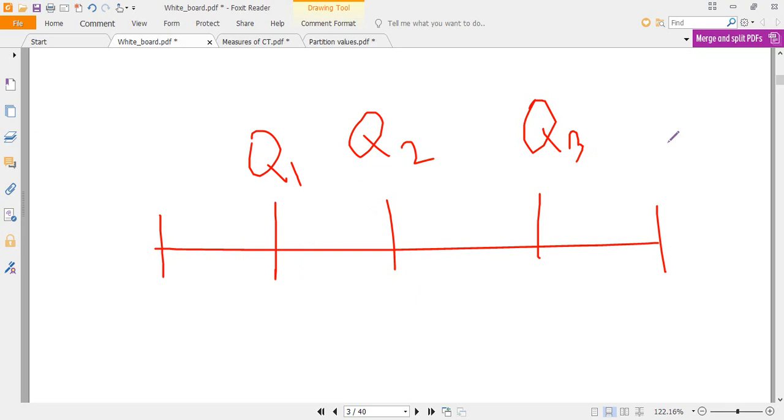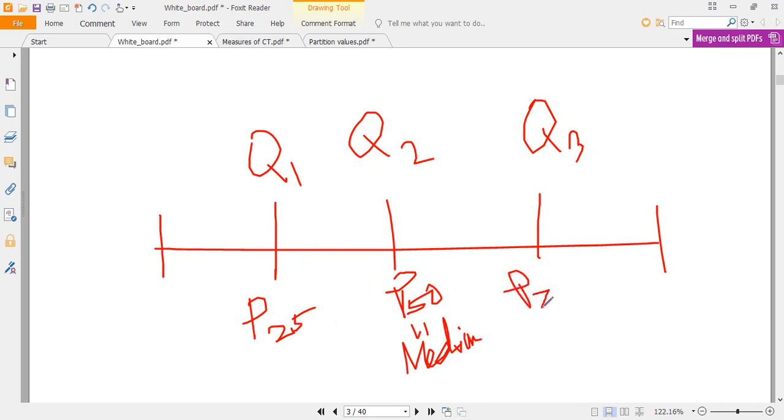So we have three quartiles. If we compare this with percentiles, we can easily understand that Q1 is just P25, Q2 is just P50, also the same as the median, and Q3 is nothing but P75. So if you know how to compute percentiles, then you can easily compute Q1, Q2 and Q3.